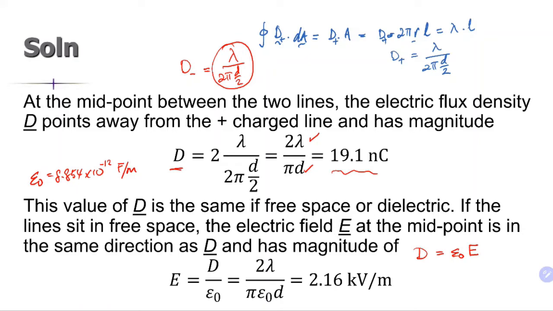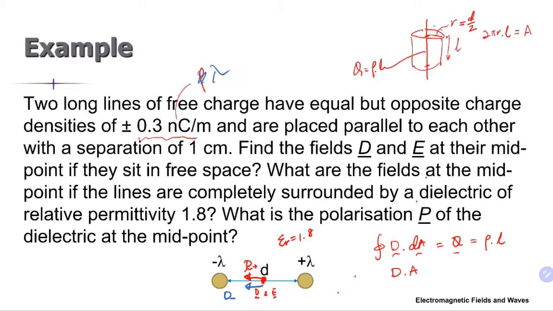Okay, so that is the solution for the electric field in free space. And then the next part of the question asks, what if we place the two lines of charge in dielectrics with relative permittivity of 1.8?